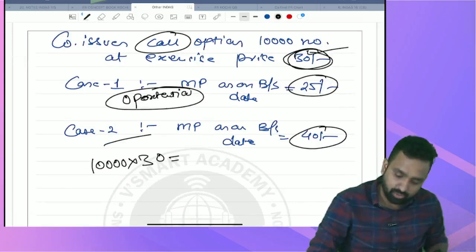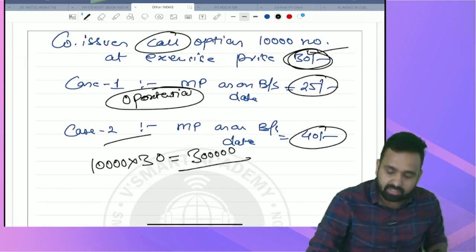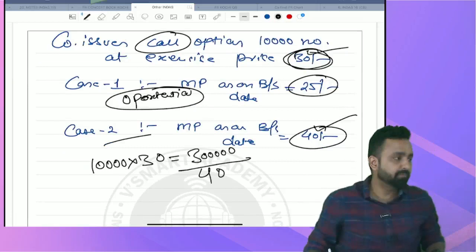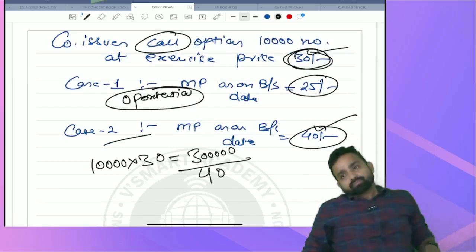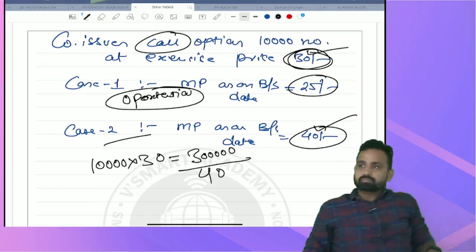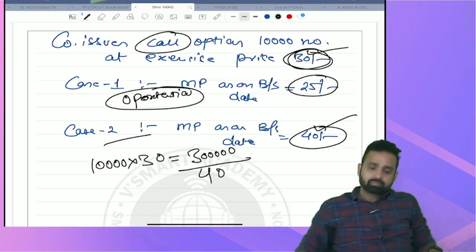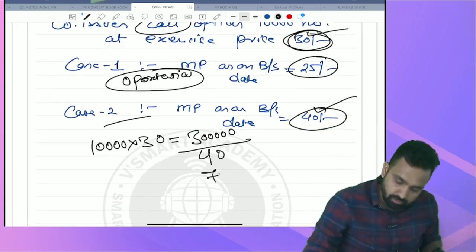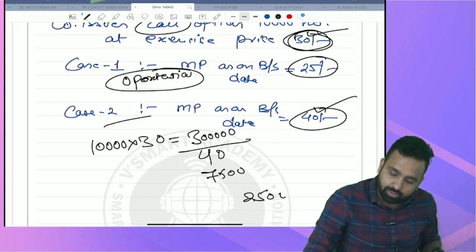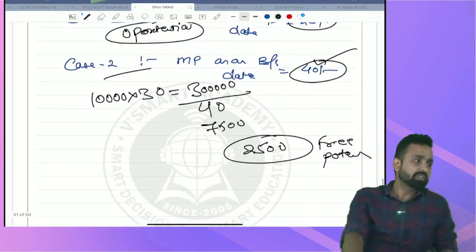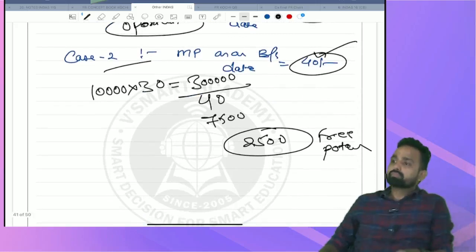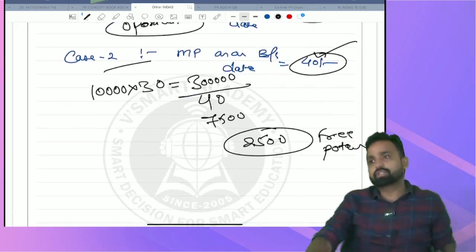So tell me the value. 3 lakhs. The same could have been issued in the market at 40, which is 4 lakhs, so technically I am giving you 2,500 shares free of cost. These are potential equity, just like ESOP. Have you understood the things?